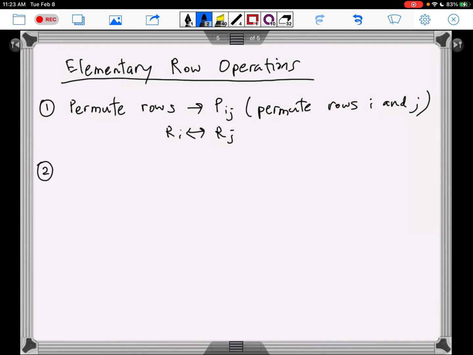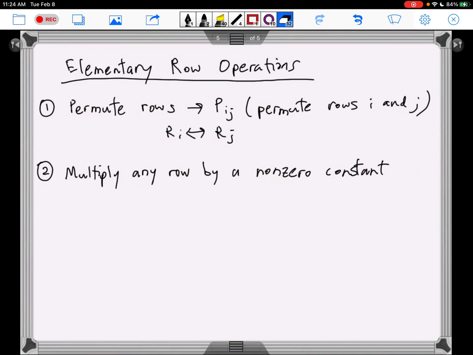Second row operation. We are allowed to multiply any row by a non-zero constant. Multiply any row by a non-zero constant.